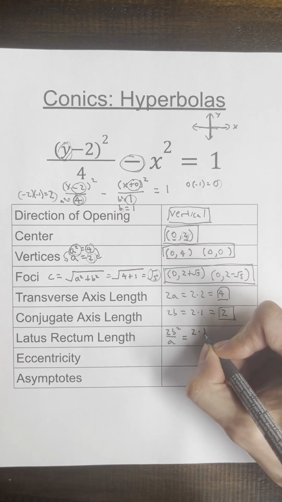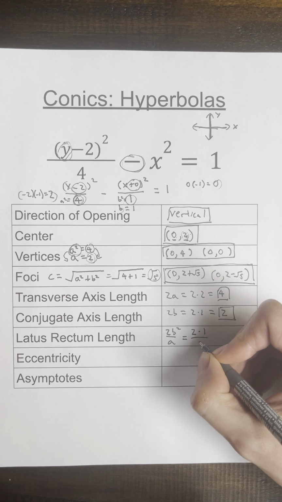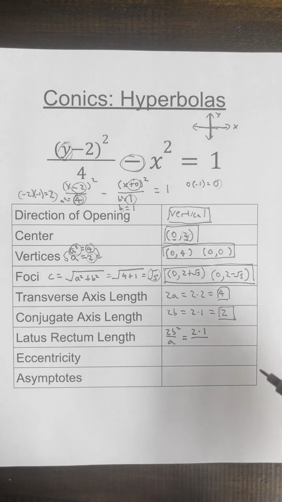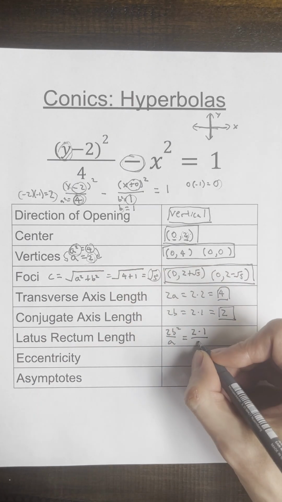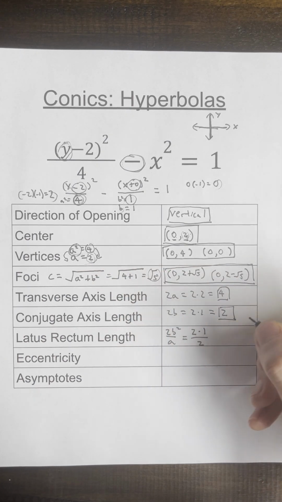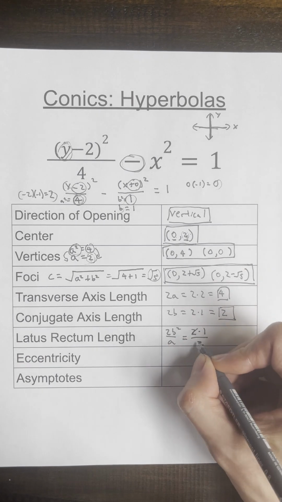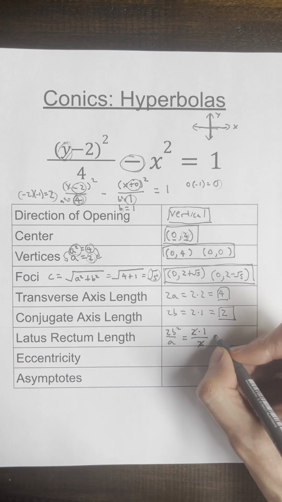So change b squared to 1. How much was a? A is equal to 2. How do we simplify this fraction? There's a 2 on top and 2 on bottom, so I can just cross them out.